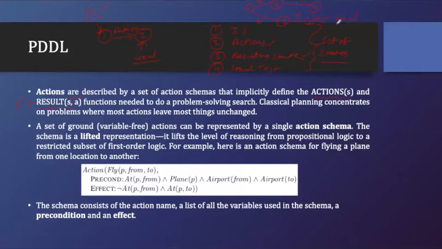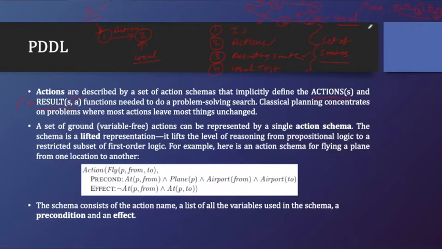So how will I reach the goal state? This is my plan. The plan is, from state 1, I'll perform action B, and then from state 3, I'll perform action D, and I'll reach the goal. So this is my set of actions.